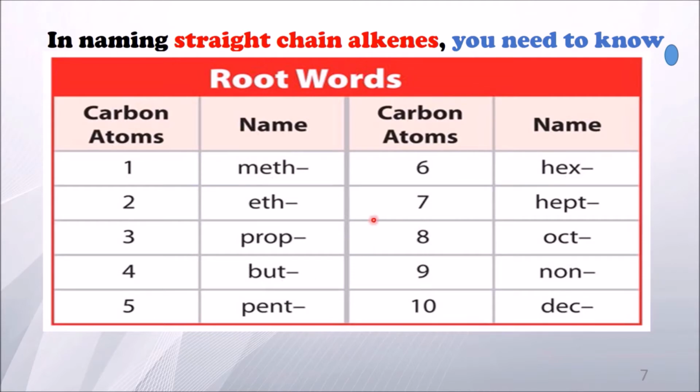Okay, so here I want to mention that we don't have any alkene that has only one carbon in it, because for any compound to be an alkene, it has to have at least two carbon atoms because of the double bond. Right, so there is no alkene with this root word meth. The simplest alkene has 2 carbon atoms.